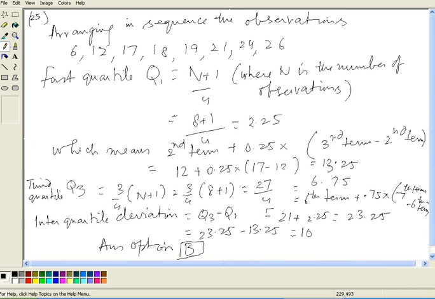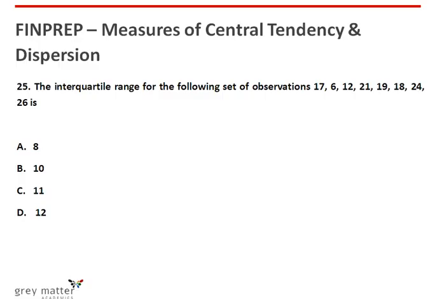So the interquartile range, sorry, not deviation, it is range, is equal to Q3 minus Q1, which we find as 23.25 minus 13.25, which is equal to 10. So it is option B. Going to our PowerPoint presentation, it is option B, so the answer is 10.